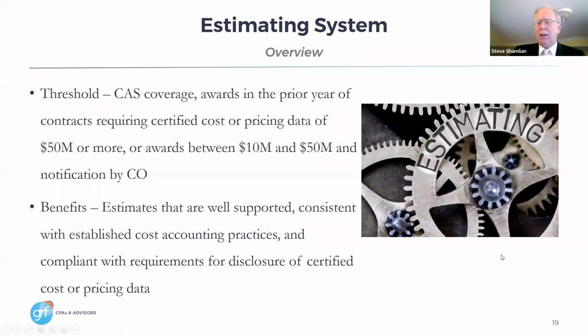If you're doing a lot of proposals, even if you're a small company, you're looking at getting a consistent result. You want, as management, to be able to review the proposal and have it look like something that you've seen before, right?